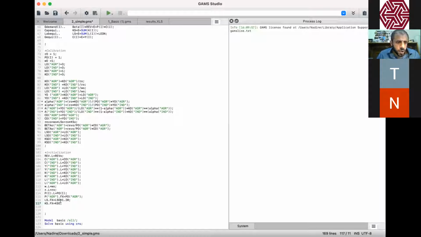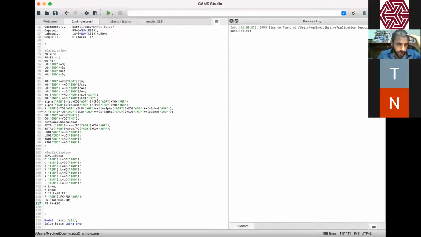So now for GUMS, all prices are endogenous. But if we write in line 115 a new command telling GUMS that agriculture is fixed, then GUMS will understand that while all prices are endogenous, only one price will be exogenous.